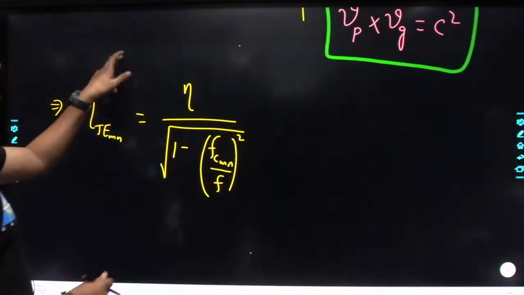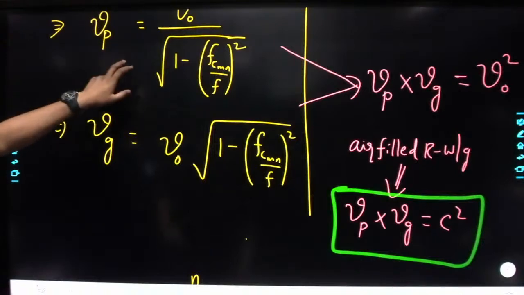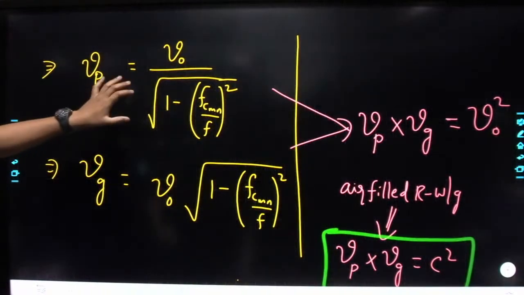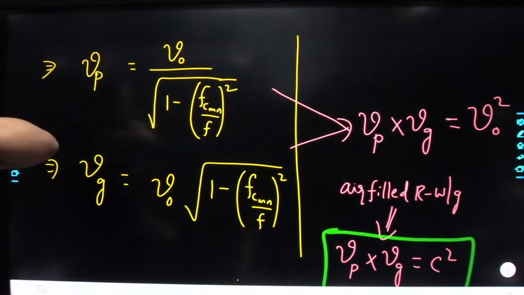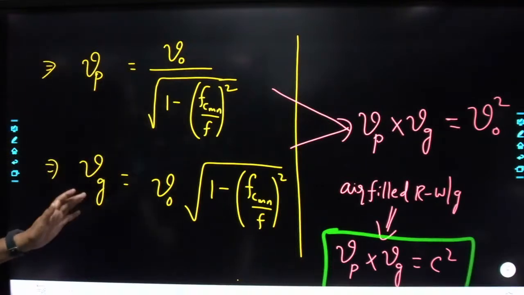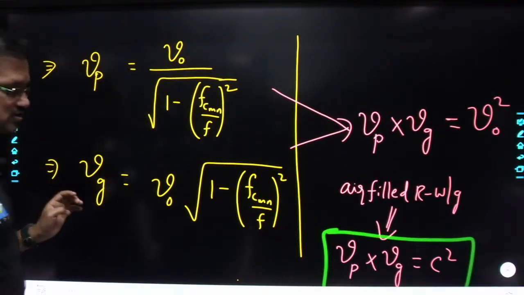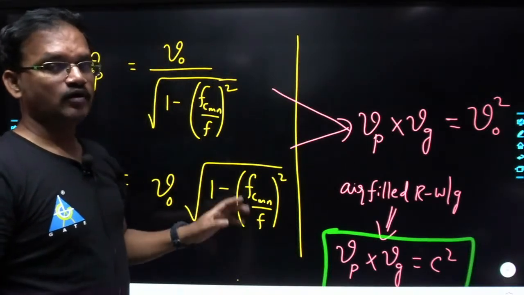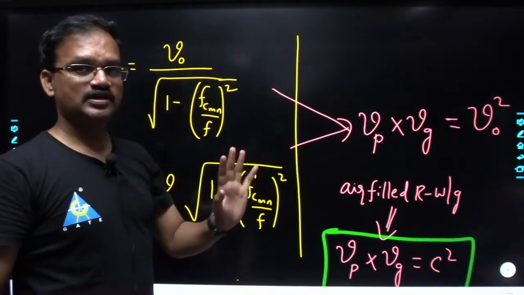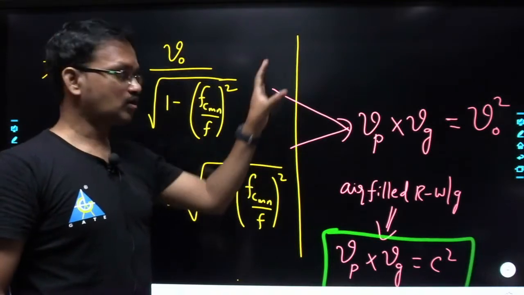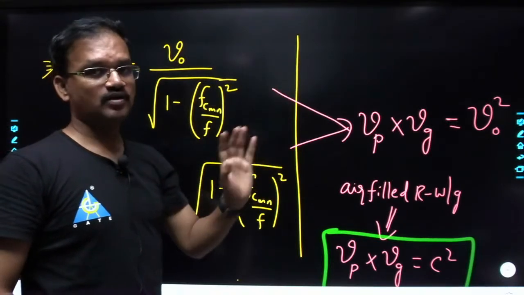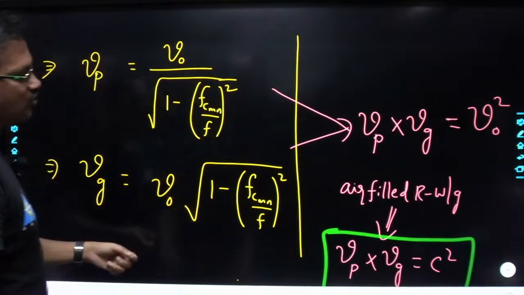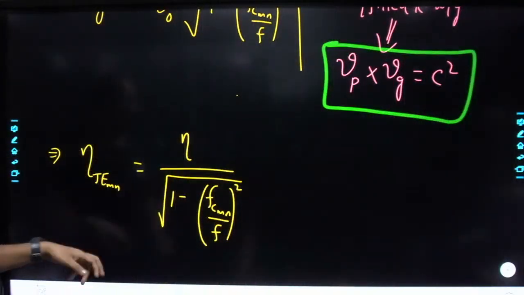See, the expressions for phase velocity and group velocity are going to be the same either for TE mode or TM mode. All the formulas that you have in case of rectangular waveguide are valid for both TE mode as well as TM mode. For both you are going to have almost all the similar formulas, except for intrinsic impedance here.